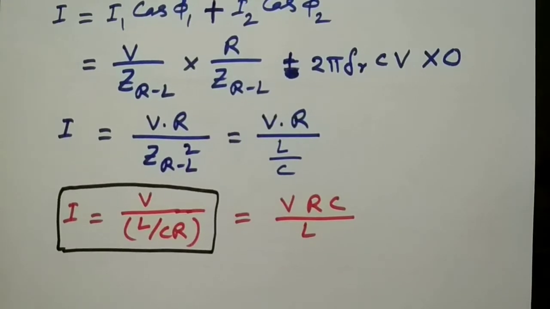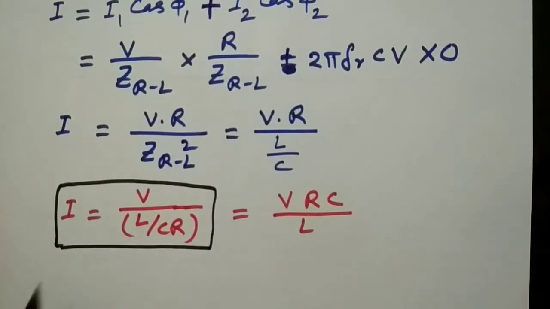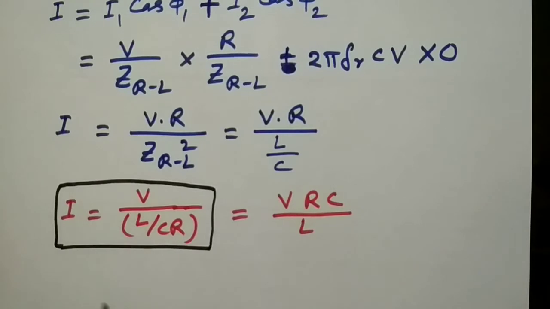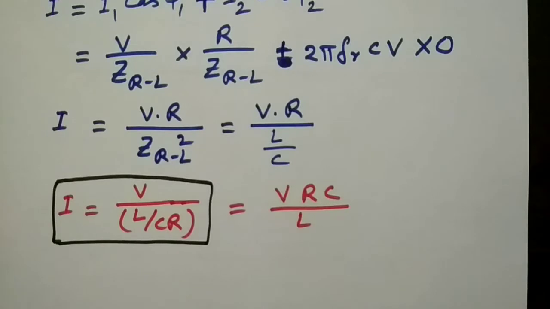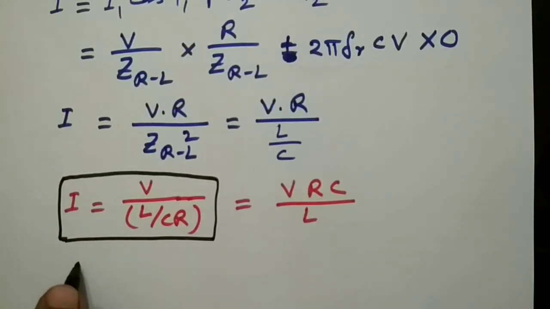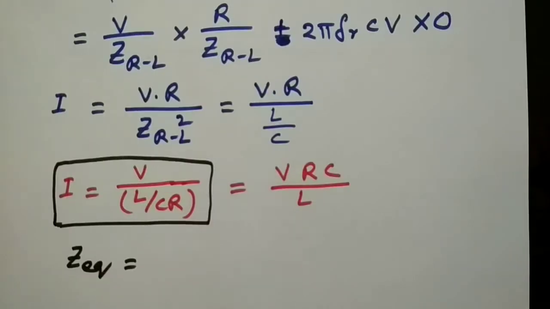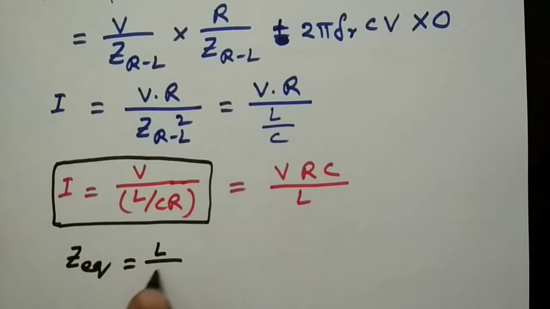We know that in a series circuit the current is expressed as voltage upon impedance. So here I have written I is equal to V upon L by CR. So definitely L by CR will represent some impedance. This is called the equivalent impedance of the circuit at resonant condition, and it is equal to L by CR.